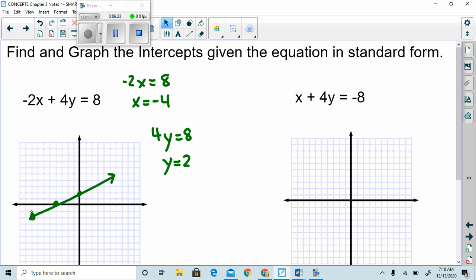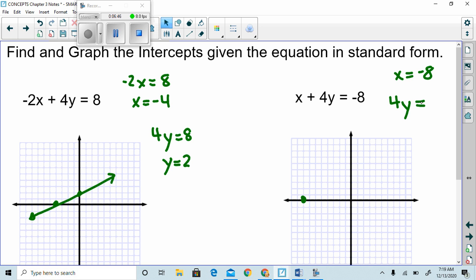An additional problem. Let's just try one more. If y were equal to 0, I don't have to do any calculations. If this term cancels out, I've got x is -8. Let's count over. 1, 2, 3, 4, 5, 6, 7, 8. There's my x-intercept. To find y, x is equal to 0.